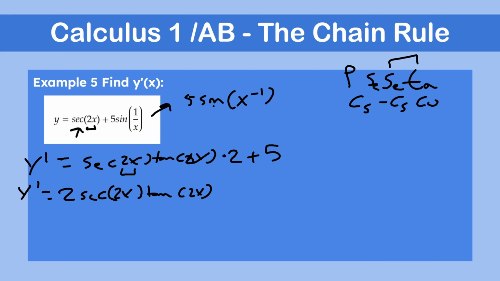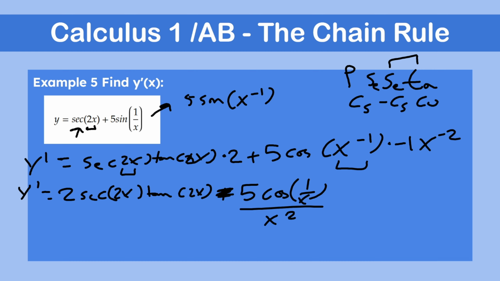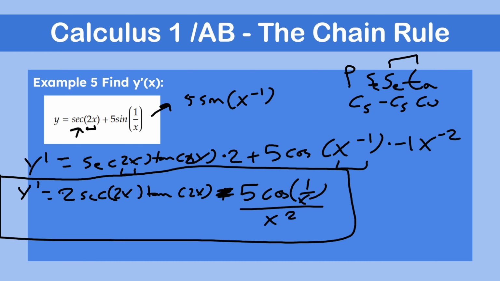Then we take the derivative of x, so now you have negative 1 x to the power negative 2. And this will simplify to negative 5 cosine 1 over x, all over x squared.